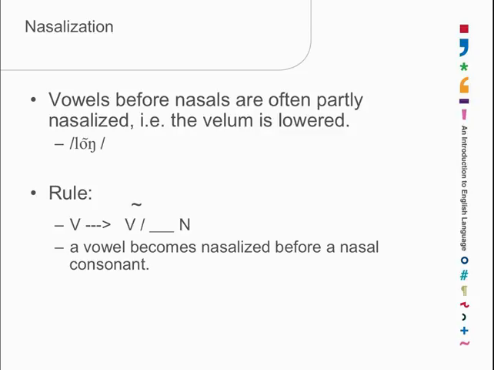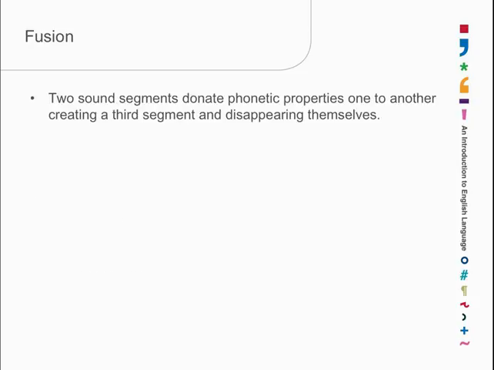Occasionally, and this doesn't happen all that often, two sound segments get together. One donates some of its features to the other and vice versa because they're near neighbours, if you like. They move in together, having been in neighbouring apartments. Let's have a look at the word education, said very slowly and very formally.